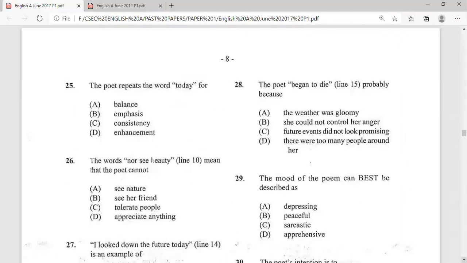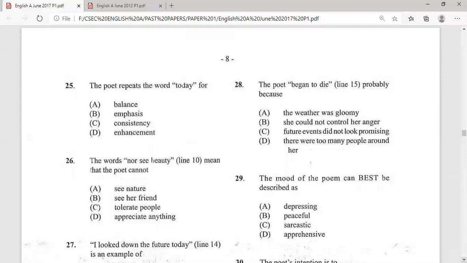26, the words nor see beauty, line 10. So the poet cannot see beauty today. Maybe on another day, on a regular day, the poet could see beauty. What can be beautiful? Maybe children could be beautiful on a regular day, but not today. Maybe other things in nature can be beautiful, but just not today, because today is a bad day.